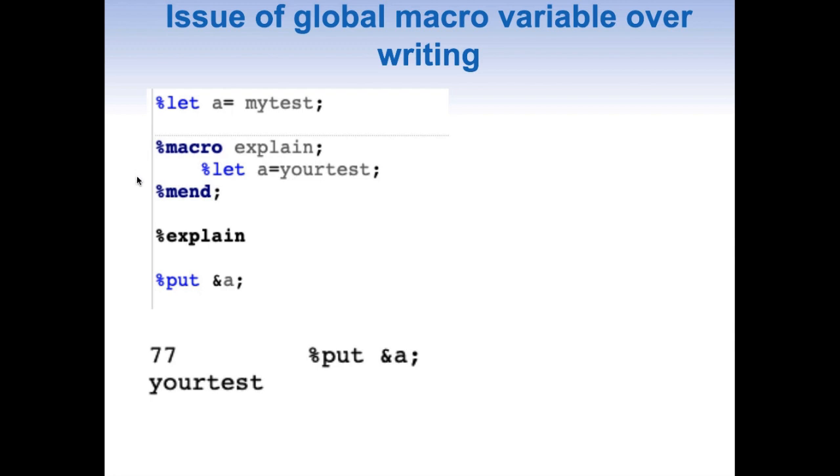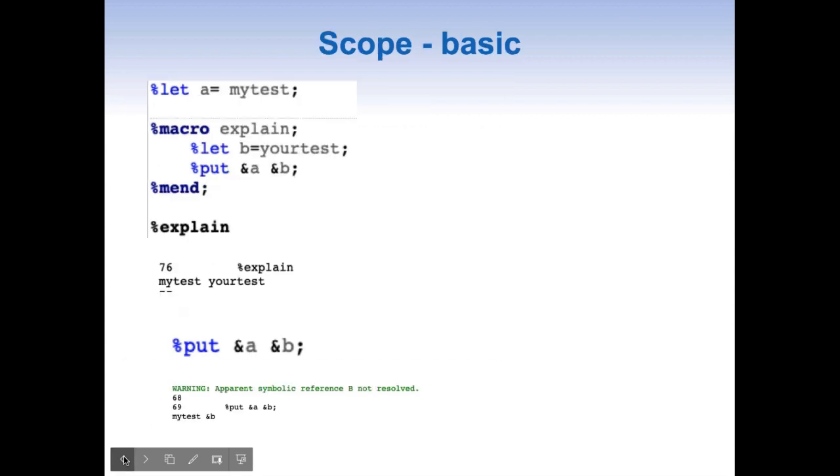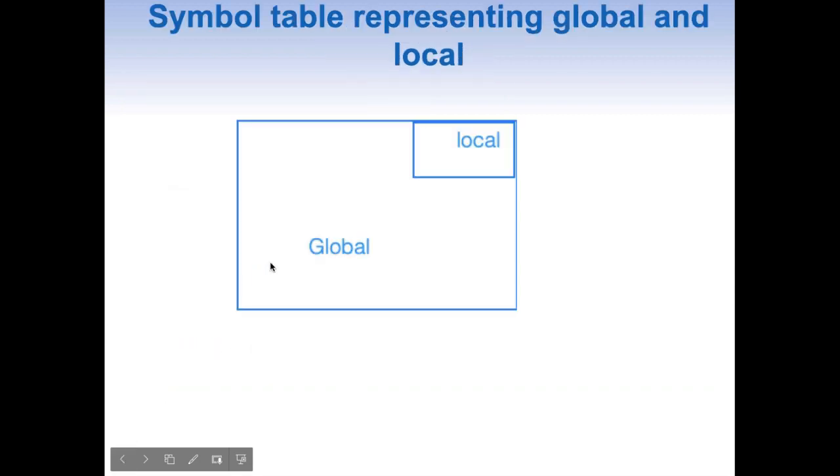Now once we compile this macro and once we execute this macro, what will happen is this local macro variable value will override this macro variable and this value will become your test. Now let us quickly go 3 to 4 slides back, and then we are here.